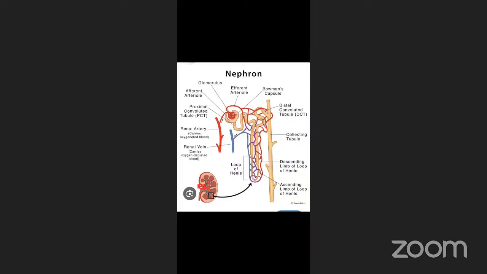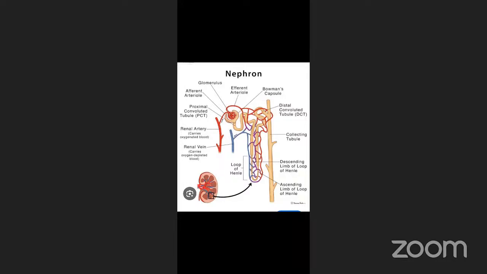So by the time the glomerular filtrate gets into the distal convoluted tubule, the higher quantities of substances present there are urea, water, and some salts. Now those will trickle into the collecting tubule, which will join the collecting duct to get into the urinary bladder as urine.